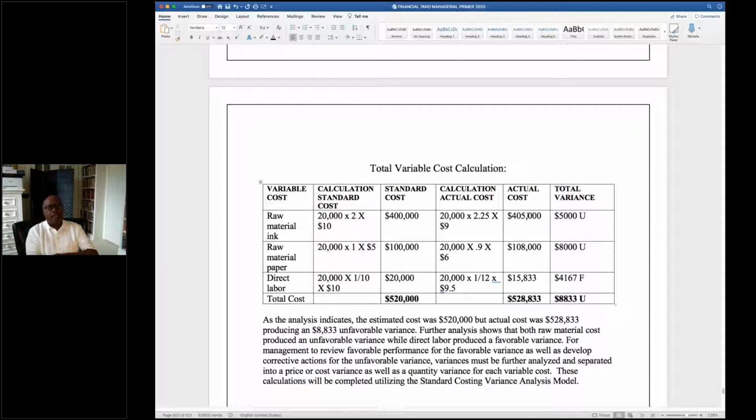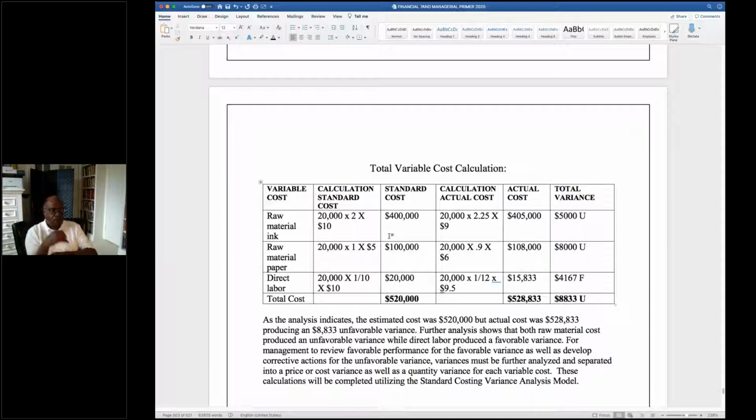But still, the actual cost was $405,000. So there was an unfavorable variance of $5,000 with the ink. Even though they got it at a lower price, you're going, why are they using 2.25 cartridges? That has to be investigated.